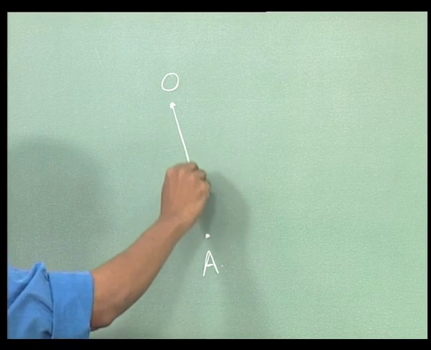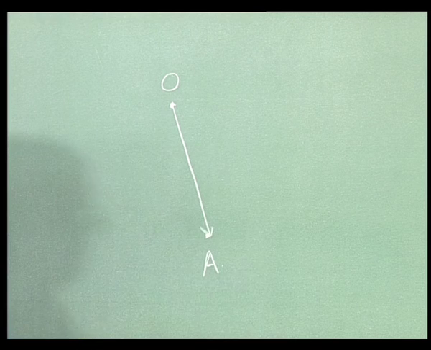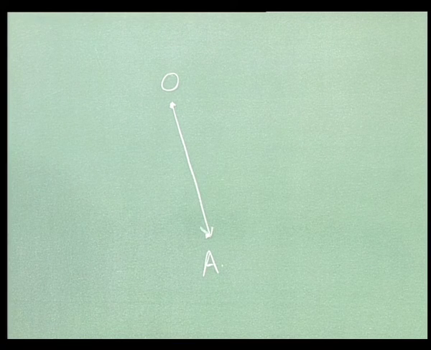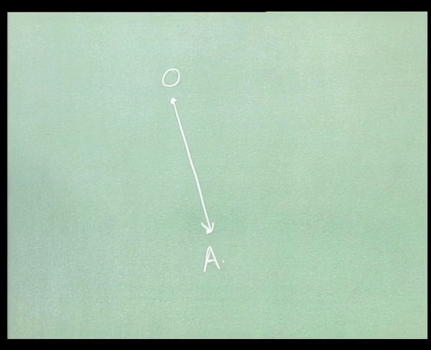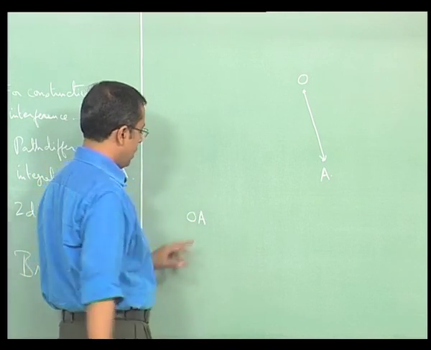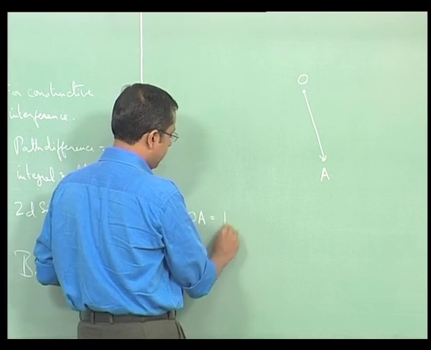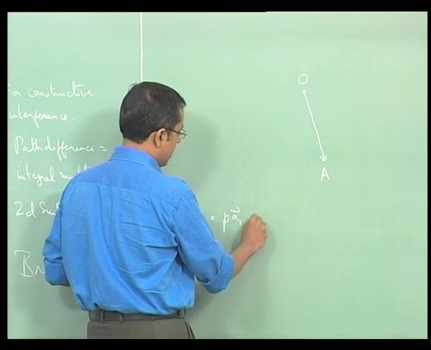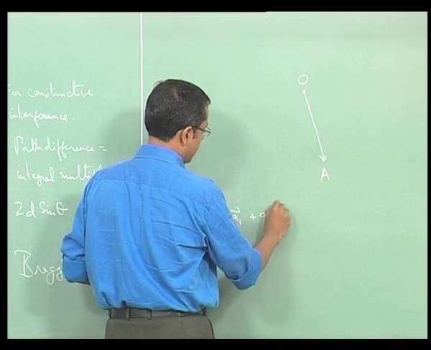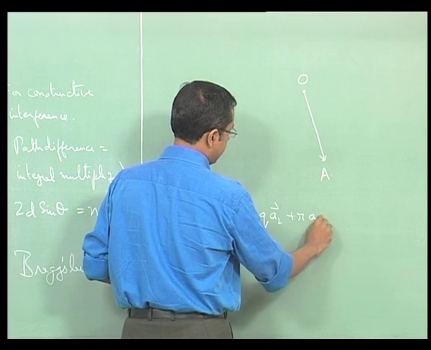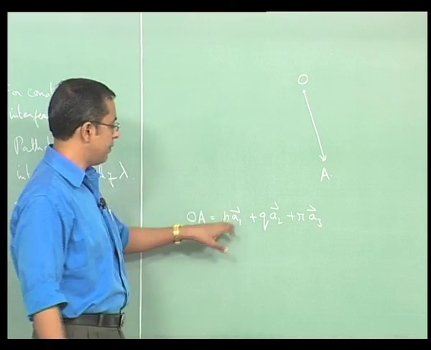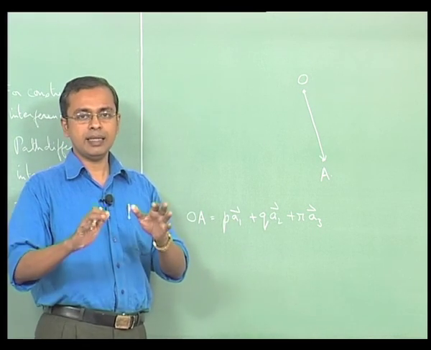So we have an atom at O and an atom at A. Therefore this vector OA is a real lattice vector, so OA is going to be P times a1 plus Q times a2 plus R times a3, where a1, a2 and a3 are the unit vectors in real space.